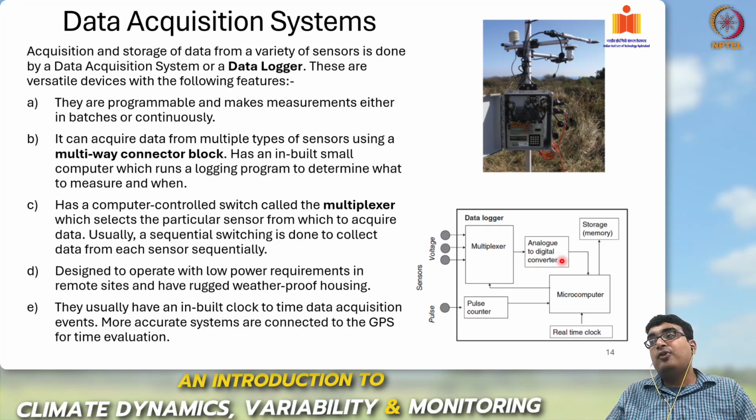Once the data is converted into a digital format, it is sent into a microcomputer where some initial processing is done, and then it's stored in memory, say a memory card. A pulse type counter counts the frequency of certain events, like say frequency of rainfall for example, and this again goes into a microcomputer and into the stored memory. The timestamp for the data acquisition is taken from the real-time clock.